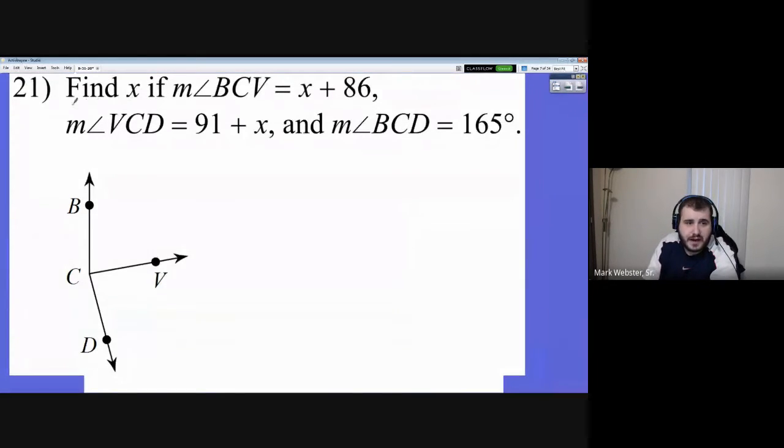So we want to find x. So our final answer is going to be x equals something. And they tell us the measure of angle BCV is x plus 86. So BCV. The measure of VCD is 91 plus x.